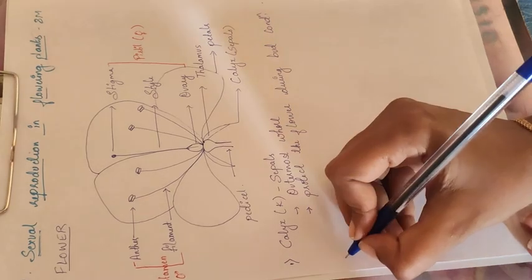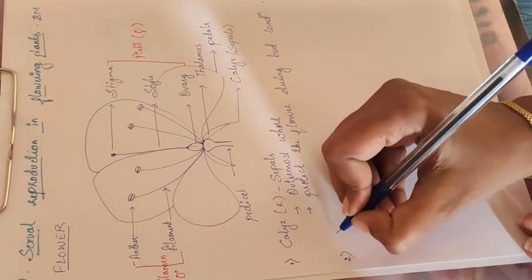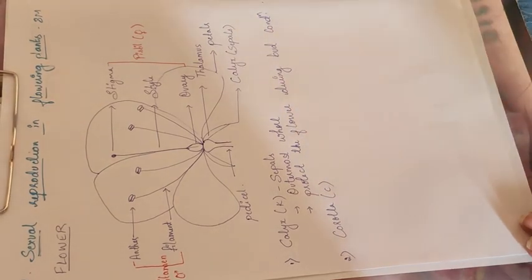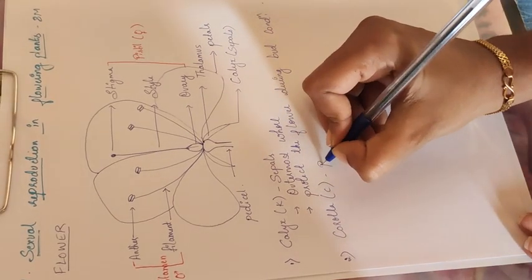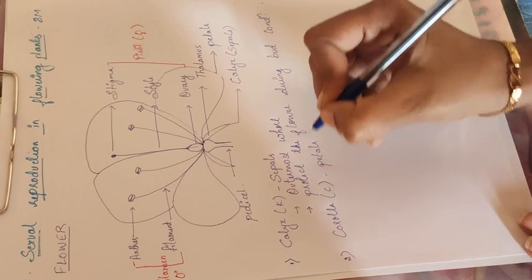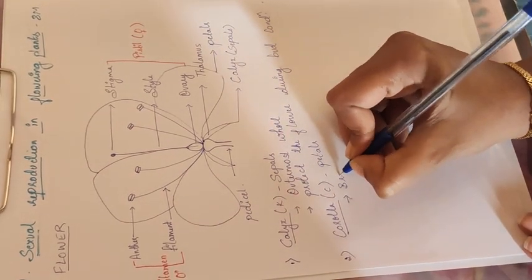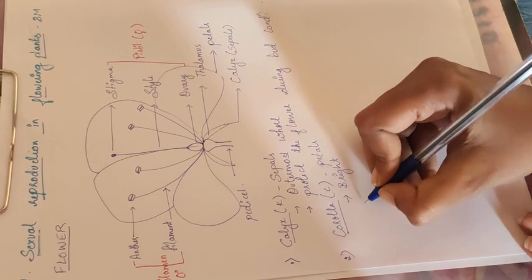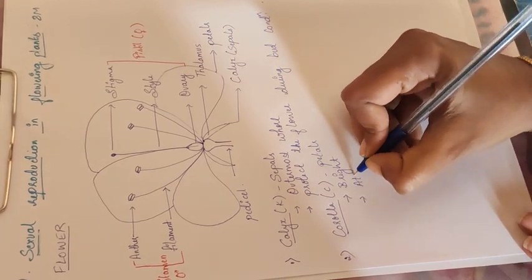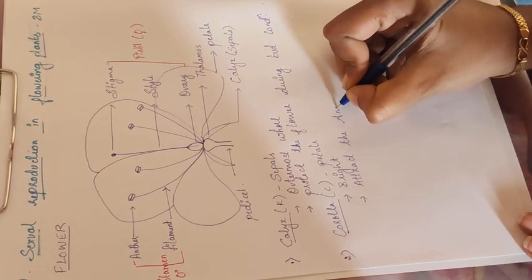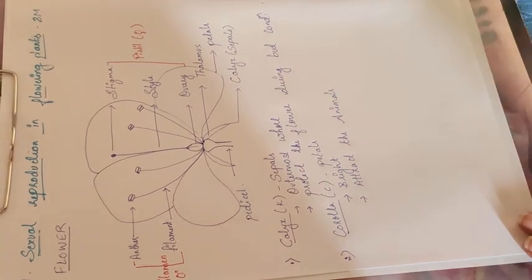The next whorl is called the corolla, represented by the letter C, or it is called petals. These are usually bright in color, and this brightness is to attract insects or animals towards the flower.